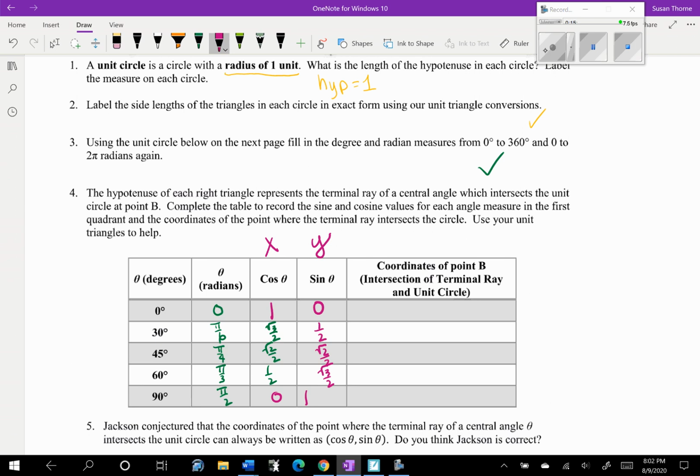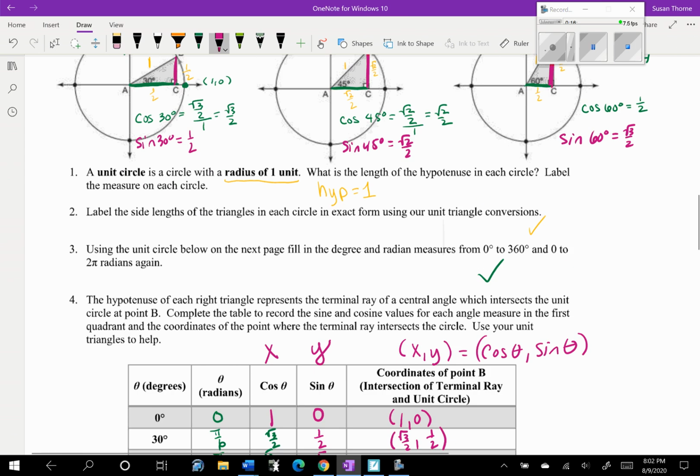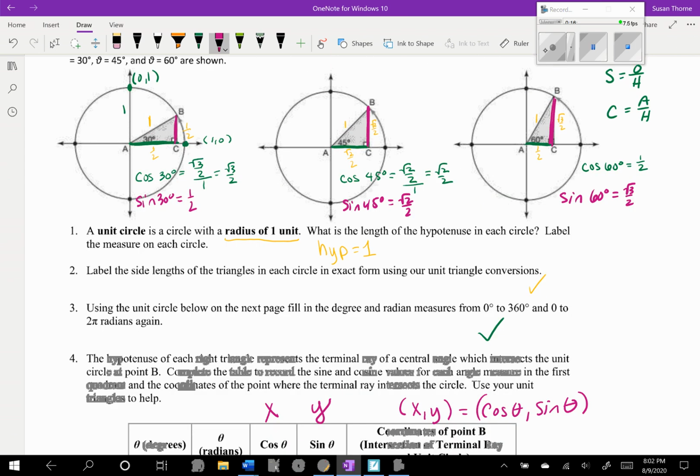The coordinate ordered pairs are always going to be x comma y, so cosine theta comma sine theta: the cosine of the angle comma the sine. So that gives us 1, 0 for that point. Root 3 over 2, 1/2 is the point here, so x and y, cosine of the angle, sine of the angle.